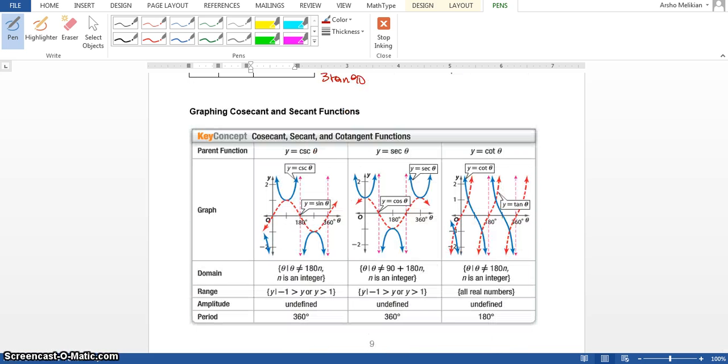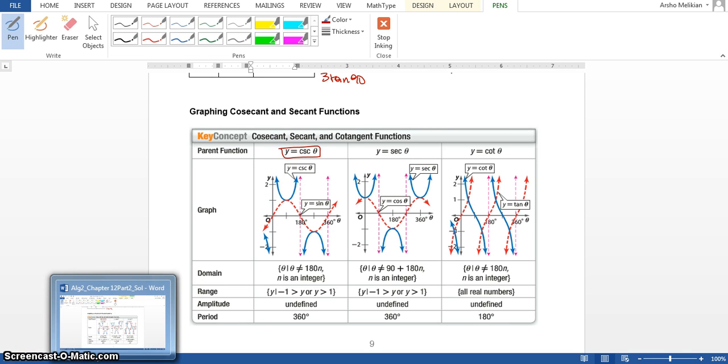We've done sine. We've done cosine. We've done tangent. We've got now secant, cosecant, cotangent. This is important. You want to focus for this one. Sine and cosecant are inverses of one another, right? So 1 over the sine is the cosecant, 1 over the cosine is the secant, and so on. So to graph cosecant, here's what you do.